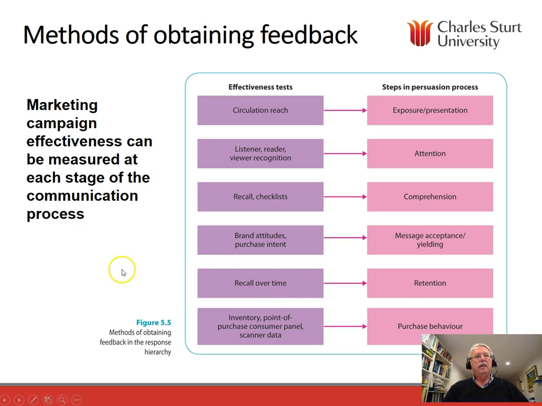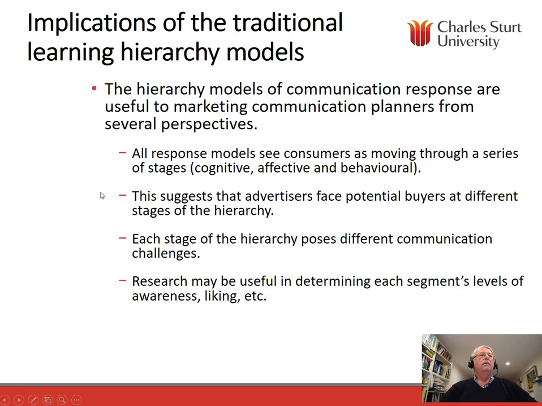So I think the point here is that if you're going to run a marketing communications program, you want to be able to measure its effectiveness at each stage of the campaign. Some of the traditional learning hierarchy models are useful for marketing communication planners because basically they see consumers as moving through a series of stages. The traditional model is, first of all, I think, then I feel, and then I act. So it's cognitive, affective, and behavioural in terms of that order.